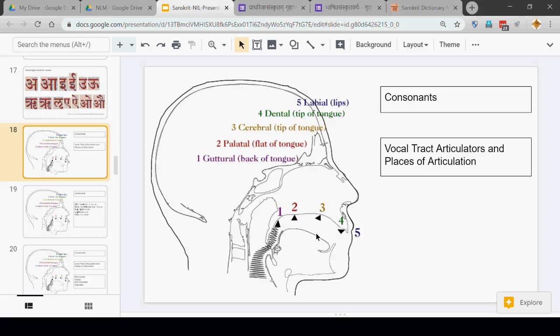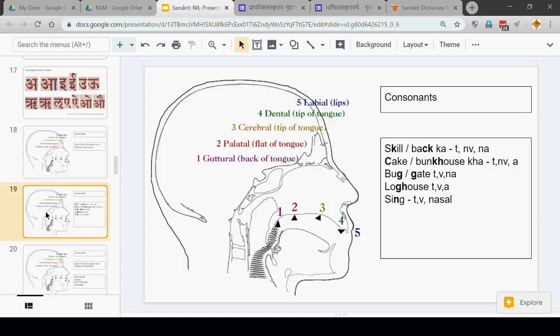Cerebral sounds, palatal sounds, guttural sounds, dental sounds, and labial sounds, so using the lips. At these different positions, what part of the tongue or lips is used is shown here: back of tongue, flat of tongue, tip of tongue, dental, lips. So we saw that.